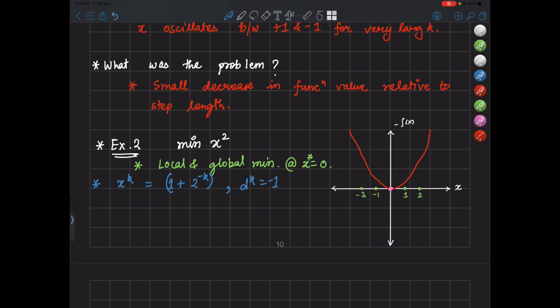It's constant for all k is equal to 0, 1, 2, and so on. So what is the sequence of iterations? xk will be 2, 3 by 2, 5 by 4, 9 by 8, and so on.